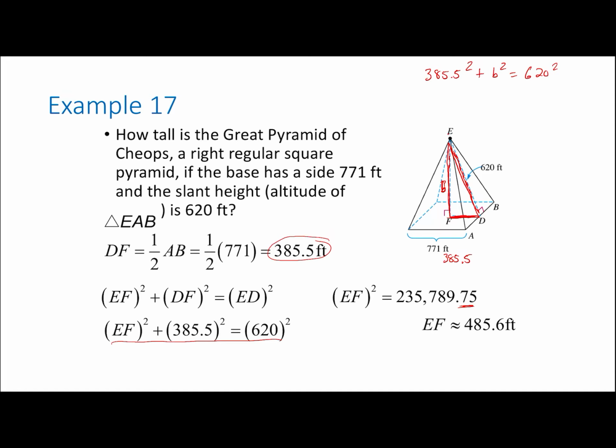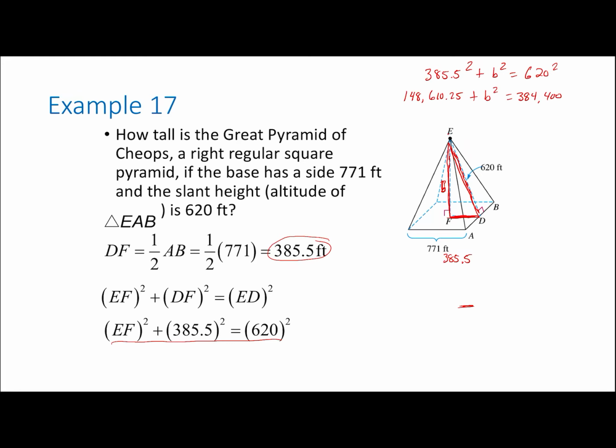And again, as you punch in all those numbers, 385.5 squared, it's going to be a really big number, and that's why these numbers are not used necessarily here, but it's 148,610.25 plus B squared, and then 620 squared is an even bigger number. It's 384,400.